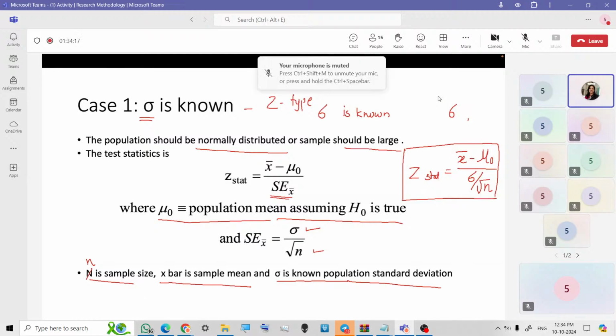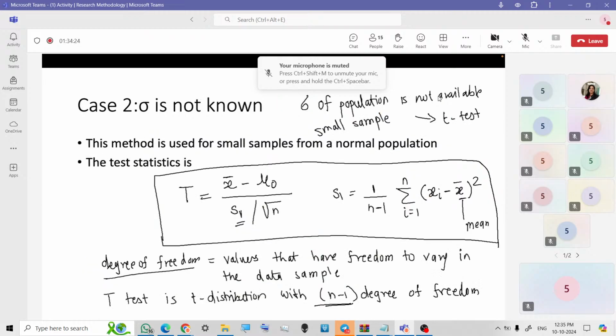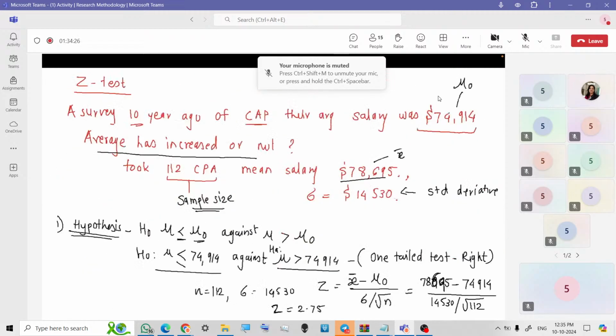So this is the formula for the Z test. Let us take one example. Whenever you have larger data and the standard deviation is available, you can go for the Z-test.